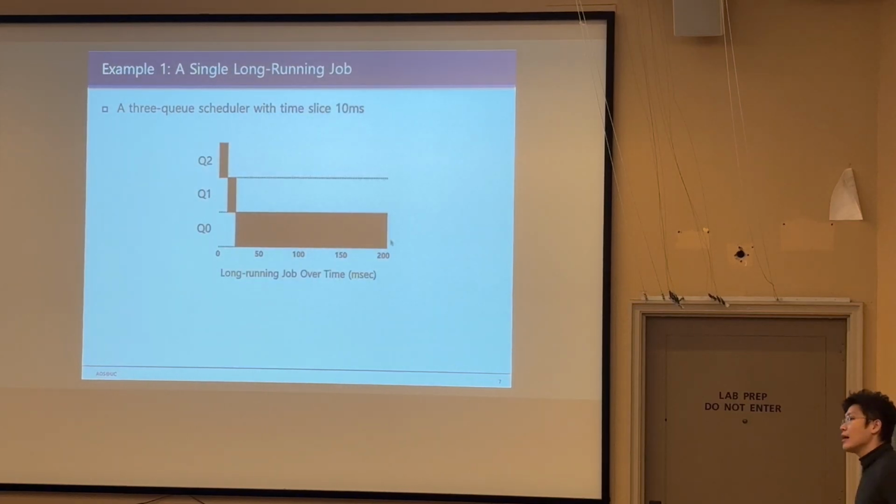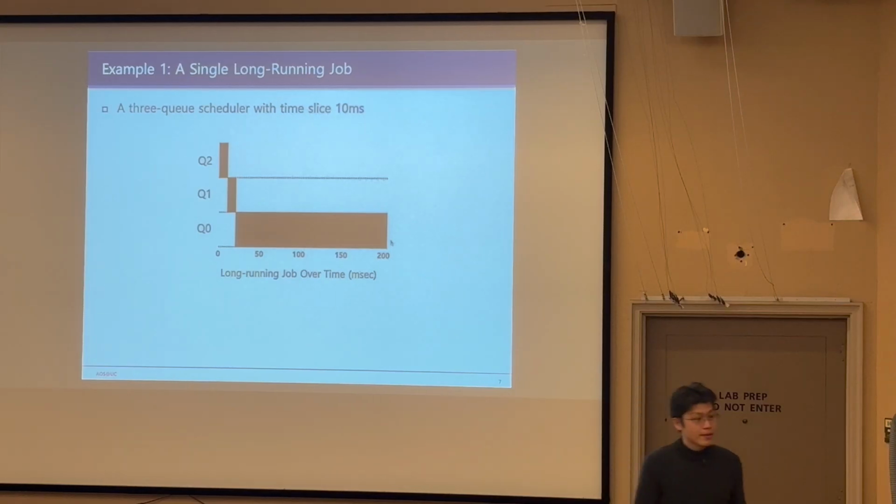All right, now let's make it more concrete. Let's look at the examples. In this case, we have one job that is long running. When it enters the system, it's given highest priority and put in Q2. After it finishes the current time slice, because it's a long running job, it does not give up the CPU voluntarily.